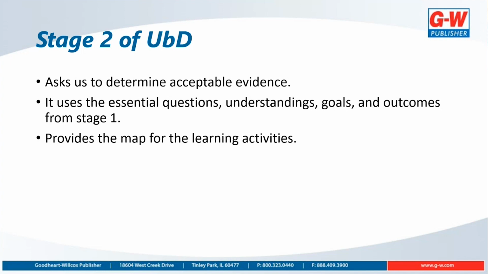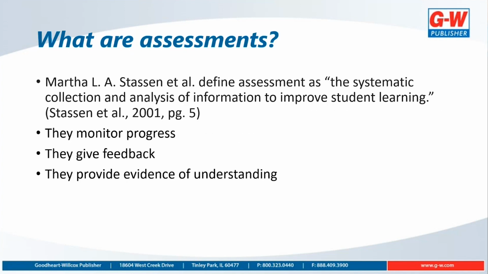Then we combine all of those things and look for our evidence. How are we going to show those things? And lastly, from our assessments, we can have our learning activities, which will help guide us towards our performance task and learning assessments along the way.